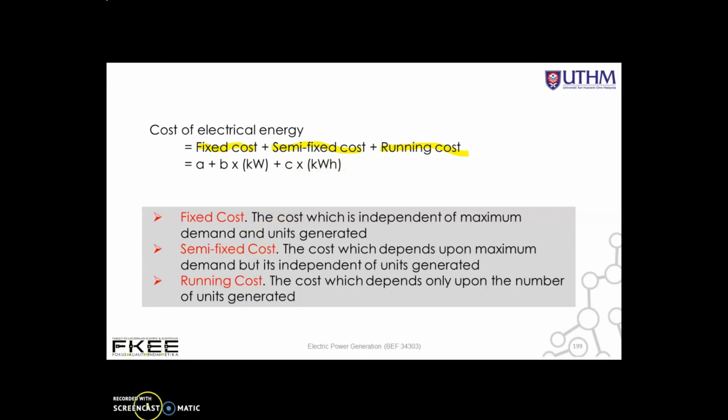A is the fixed cost, B is the semi-fixed cost, and C is the running cost. So this is the explanation of each of the costs.